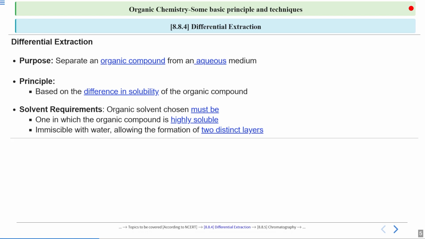We are using water in this whole process, but after the physical change, you will see that the water is separated in one layer, and the organic compound along with the solvent is separated in a different layer, and it is all happening due to the immiscibility of the solvent in water. It means the solvent is not soluble in water.